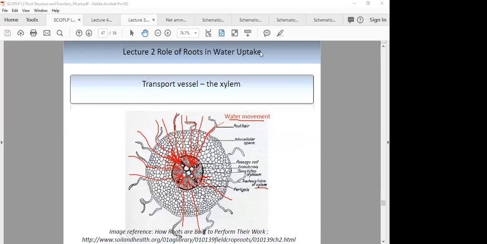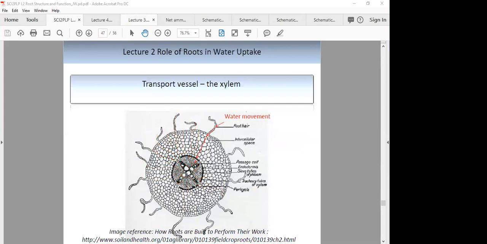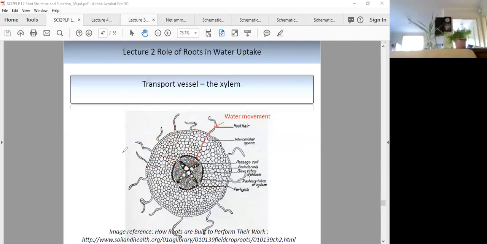Exactly right. So we know that water is moving in passively. There's nothing actively pumping the water into the roots, nothing actively pumping the water up the xylem. But we're not even going to the xylem yet. We're just trying to imagine what's driving water movement into the roots. Someone's mentioned a nutrient concentration gradient.